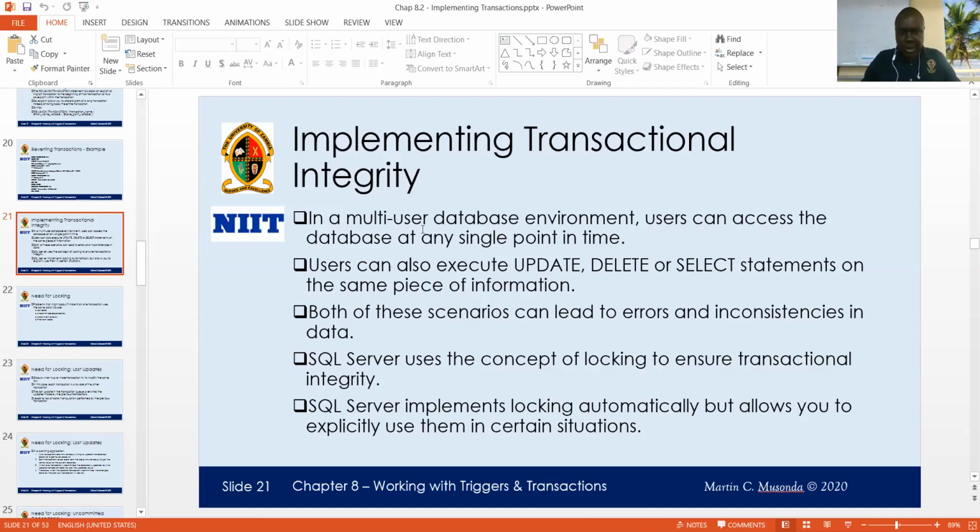In a multi-user database environment, users can access the database at any single point in time. It could be that you have implemented a human resource application, or it could be that you are using SQL Server as a backend for an e-commerce website.